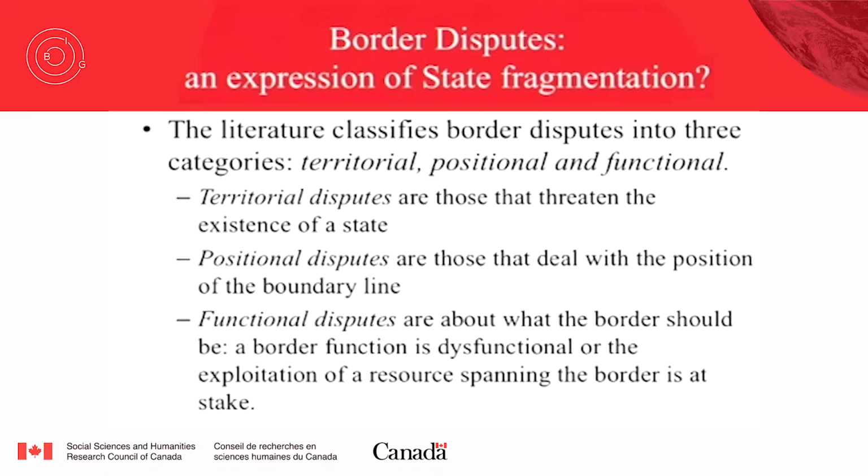It's not that the boundary line just has to be marked, even though that's the way lots of states look at it, especially states that have less sophisticated bureaucracies and administration. But the whole idea of the functional dispute becomes extremely clear, for instance, when we want to exploit wealth that is located in the border region.